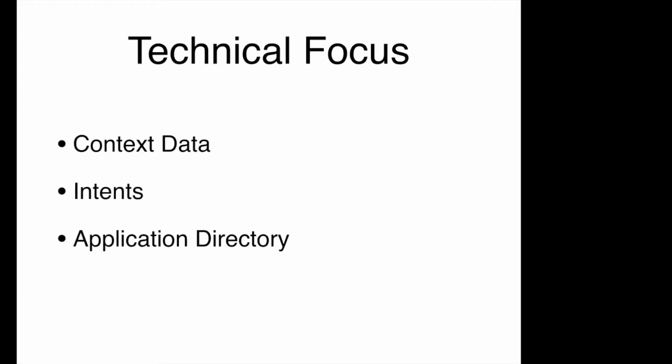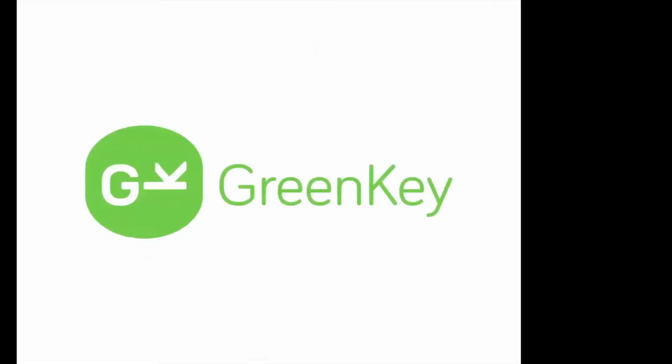Then there's an application directory. So if we have these context data and intents, these apps all need to sit in some place where they're both hosted and discoverable. And finally, the APIs to wrap these all together. So if we take all of these and then add voice functionality, we can think of a nice workflow that would all tie quite nicely into a presentation from Tom from GreenKey. So at this point, I'd like to introduce Tom.